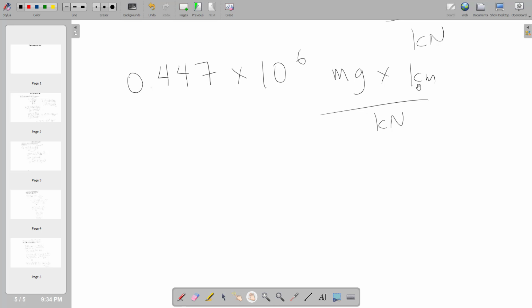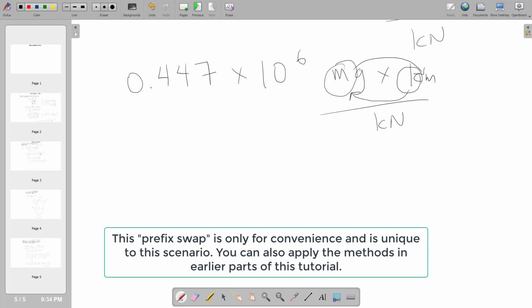We have a kilo here, so I'm just going to perform a little switch. Just move this kilo before the gram and move this milli here. It doesn't change the value. So our milli is going to join our meters here, and then our kilo is going to join our gram. It's just to make our work simpler with the kilogram.